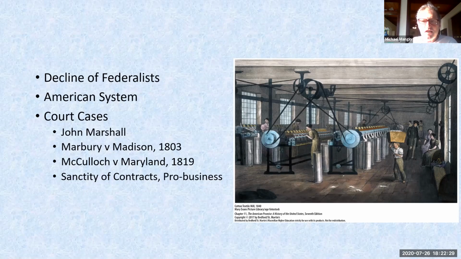So this was the theory of the sanctity of contracts, which lasted up to the 1870s. Now you can get out of a contract if it was fraudulently delivered to you. But the sanctity of contracts was such that this did not. It was very pro-business in the early 1800s.